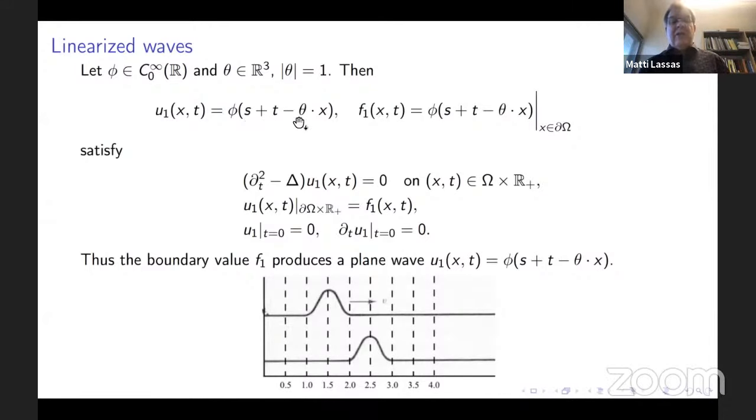This wave propagates in direction theta. And if I take this type of plane wave in the whole R2 and compute its boundary value on the boundary, then this pair u1 and f1 satisfies this linear wave equation. So I have function f1 that looks like this, I know what it is, and it produces a plane wave that propagates in direction theta. This is the corresponding one-dimensional picture. Let's use this type of linearized waves, and we are going to use several of those.